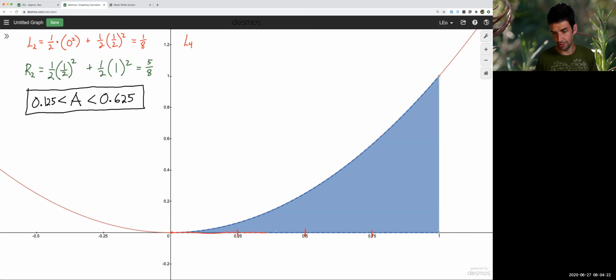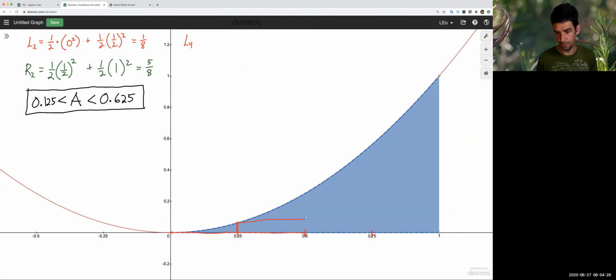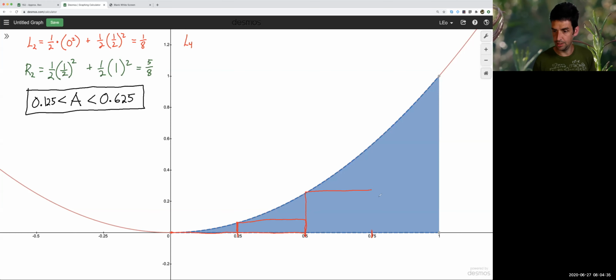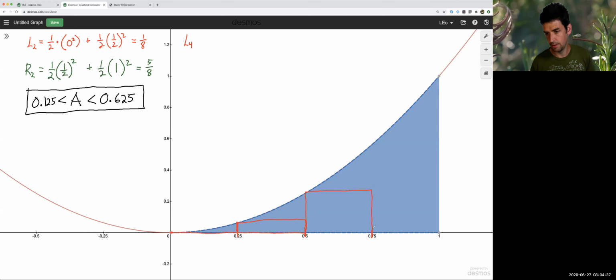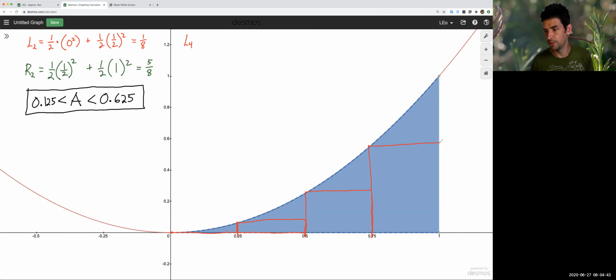Here's my next interval from 0.25 to 0.5. The left endpoint goes up this high. We get that. At 0.5, we go up to here. And at 0.75, we'll go up to here.